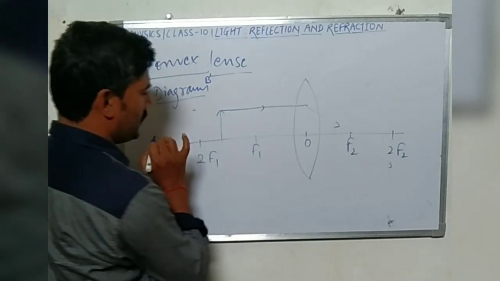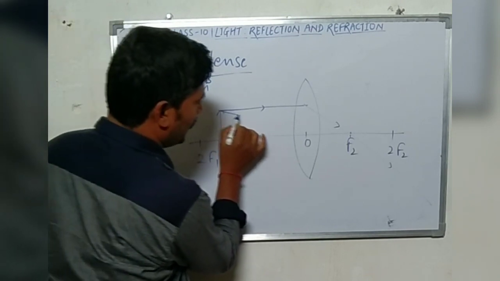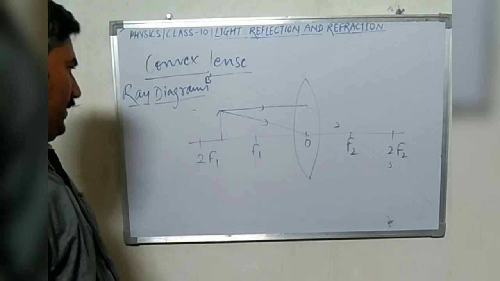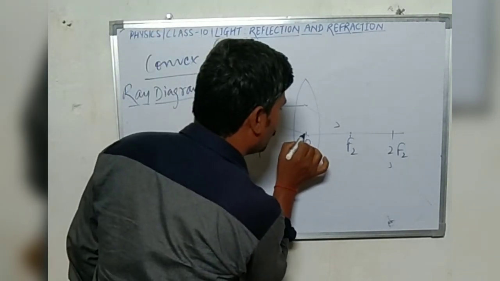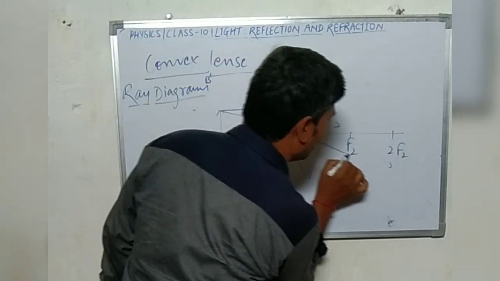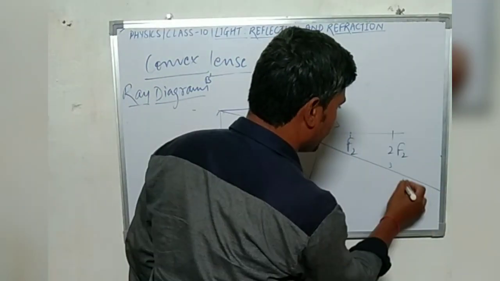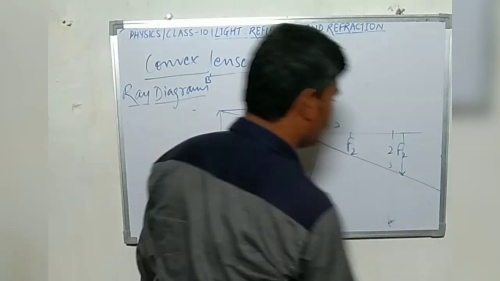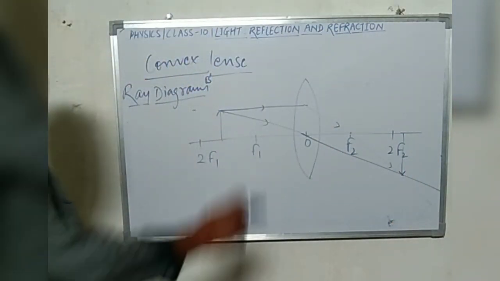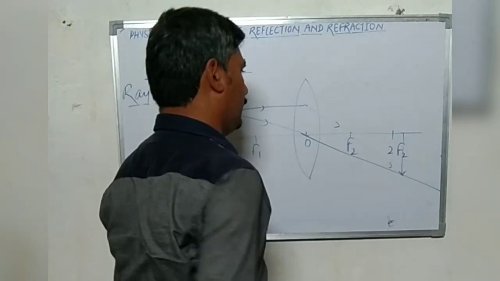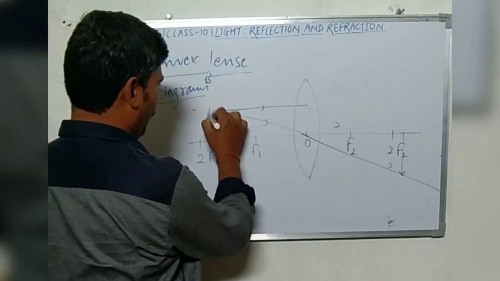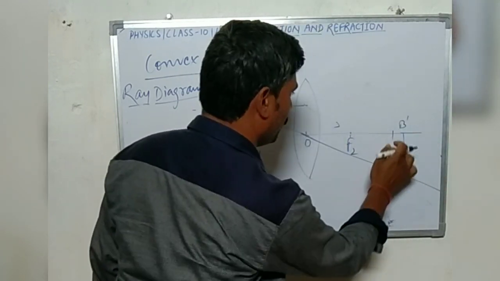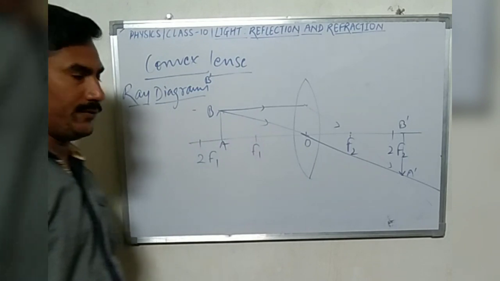Another ray passes through the optical center undeviated and intersects the first ray beyond 2F2. So the image is formed at the position beyond 2F2.